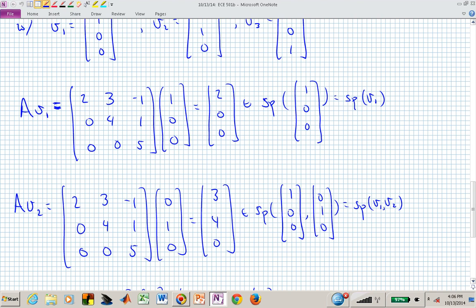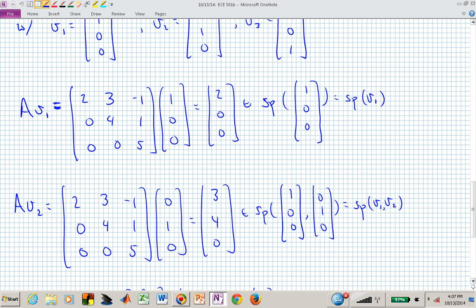And doing that, the output of applying A to v sub 2 is just 3, 4, 0. And 3, 4, 0 is just in the span of the x and y plane, 1, 0, 0 and 0, 1, 0, reading from top to bottom in those vectors. And that's now just the span of v sub 1 and v sub 2.